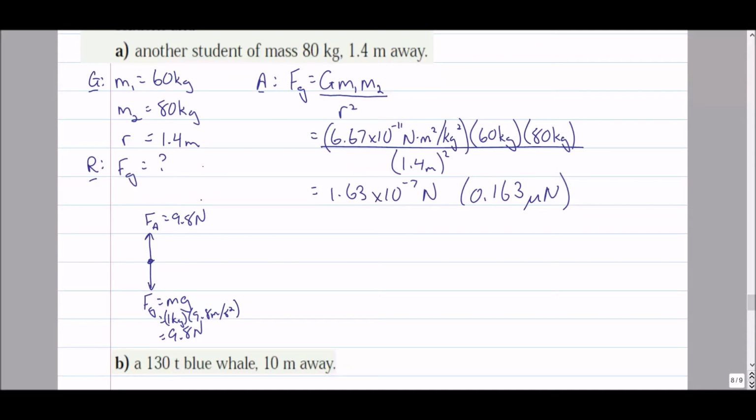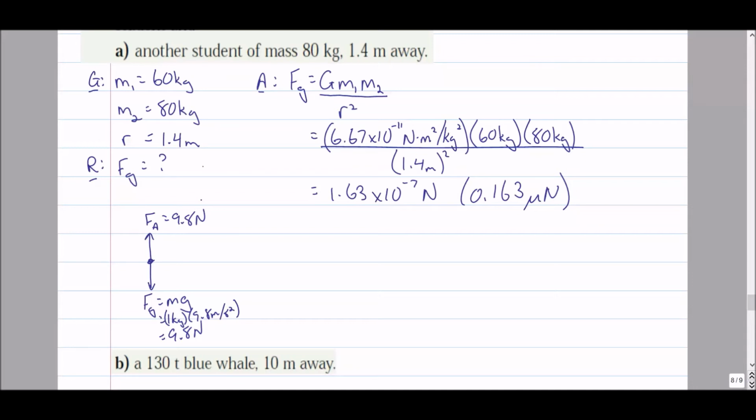This force, the attractive force, this is what I mean by how weak it is. This is less than a tenth of a millionth of the force that you would have to apply to a 1 kilogram mass just to hold it above the Earth.